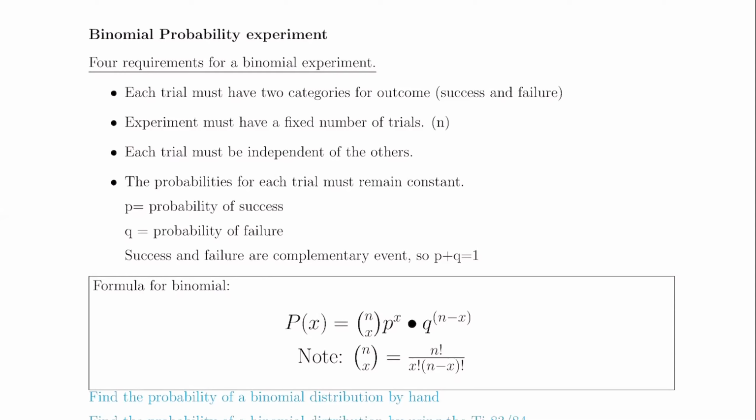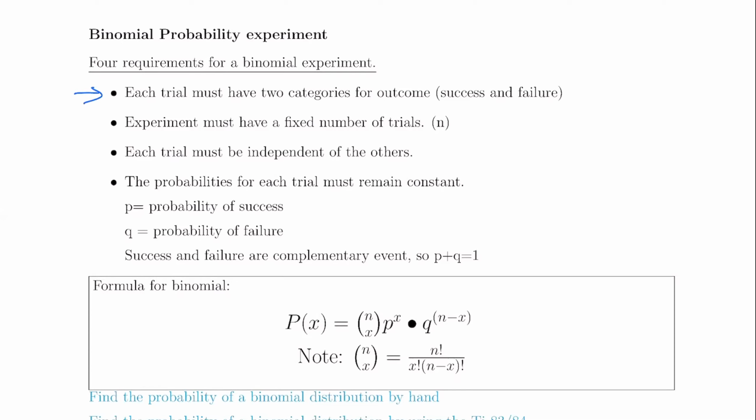That's what the first row is alluding to, because it says each trial must have two categories for outcome, either a success or a failure. So you always have to be able to set up a success and a failure. It cannot be one success, one failure, and then one other thing. You should be able to distinguish whether it's a success or a failure.